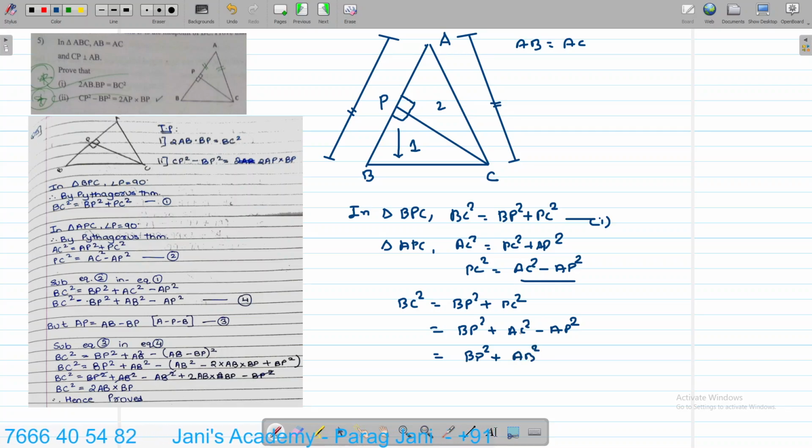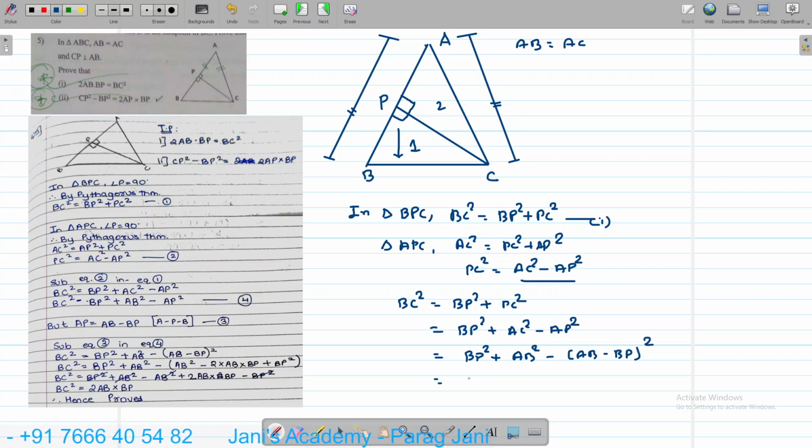Instead of AC I have written AB. Now minus AP square. So if you see, AP is what? AB minus BP. Okay, why am I doing like this? Because I want the multiplication 2AB BP. So instead of AP I can write AB minus BP. Just write AB minus BP whole square.